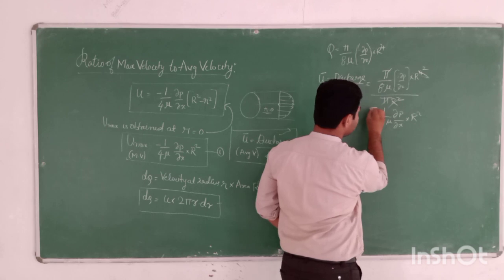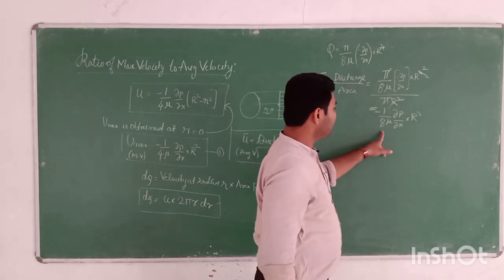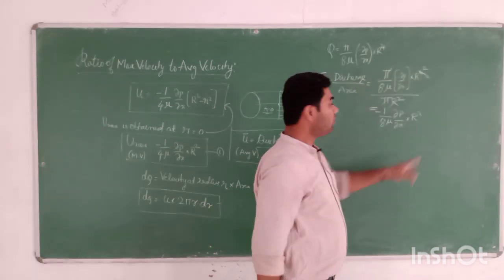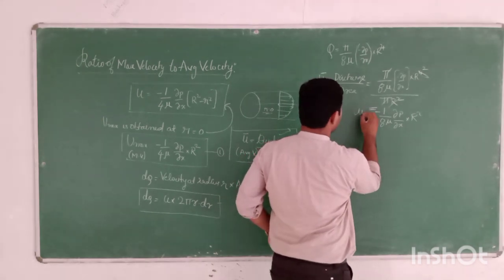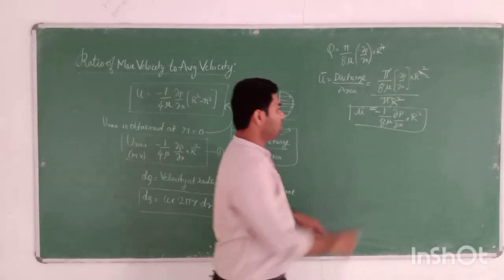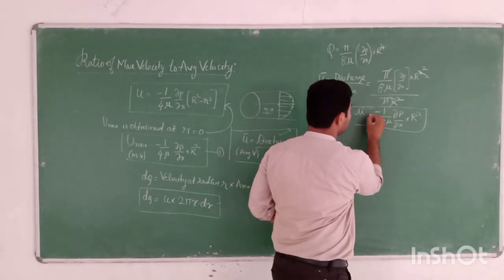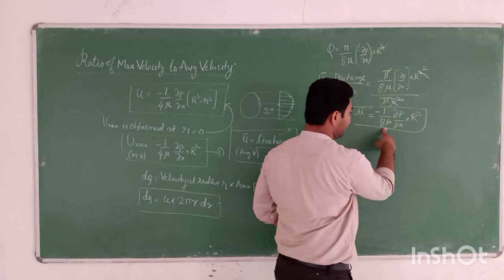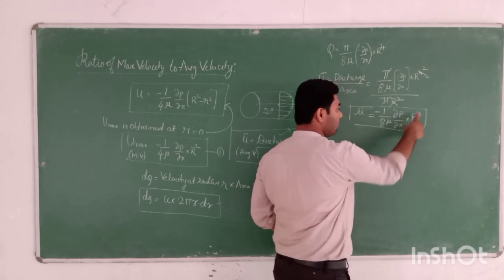This is nothing but the value of average velocity. Average velocity u bar is equal to minus 1 by 8 mu dP by dx into r squared.